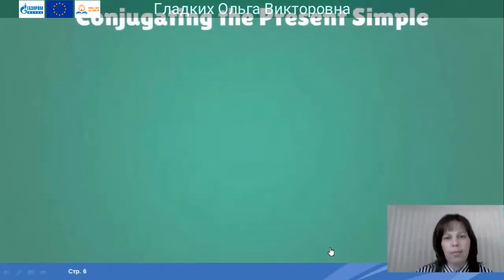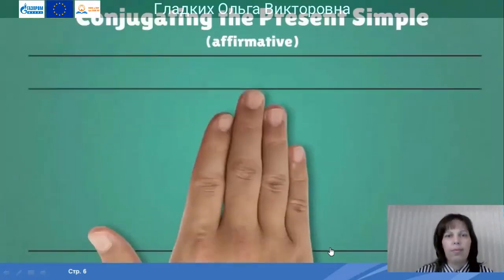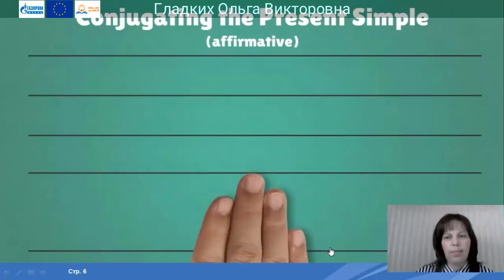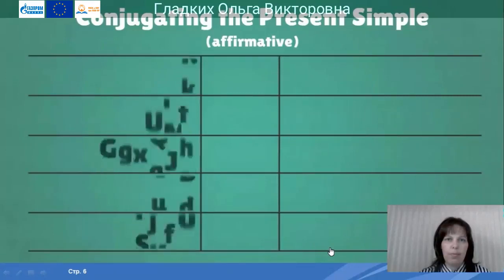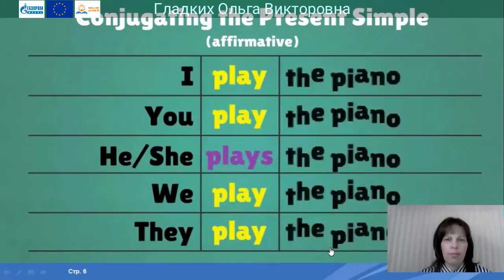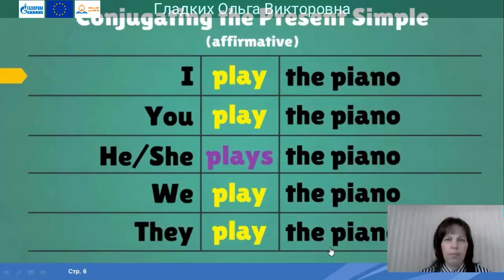Conjugating the present simple. Affirmative. I play the piano. You play the piano. He plays the piano. She plays the piano. We play the piano. They play the piano.